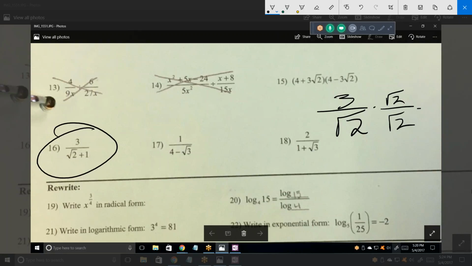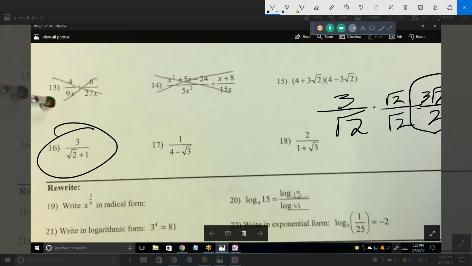And notice why that gets rid of the irrational denominator. Root 2 times root 2 is 2. The top becomes 3 times root 2. There is the rationalized answer. And the reason it's rationalized is because math does not like irrational denominators.